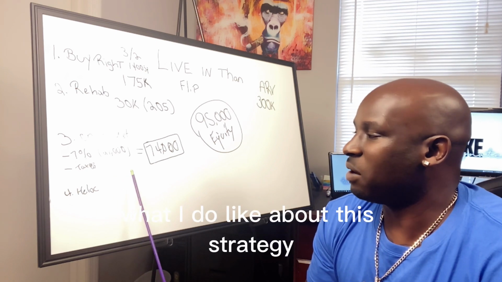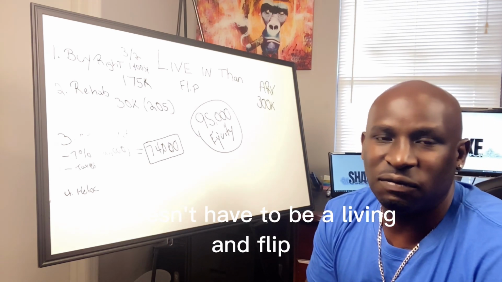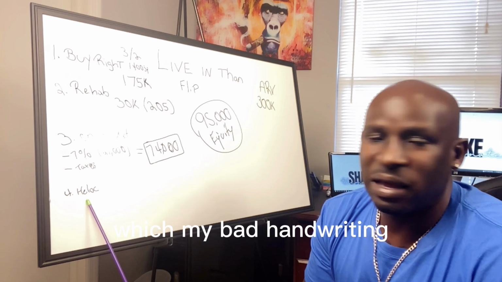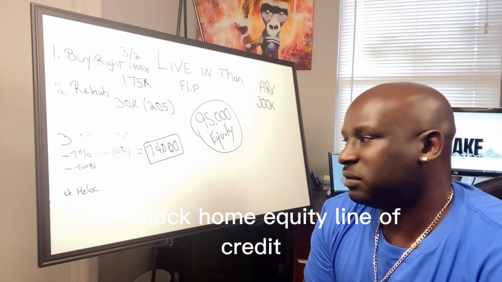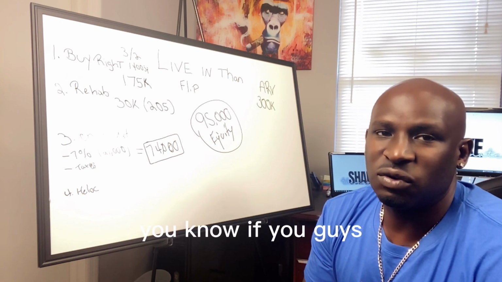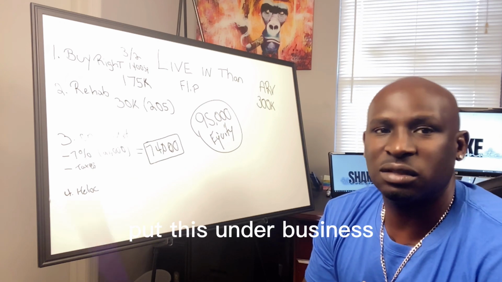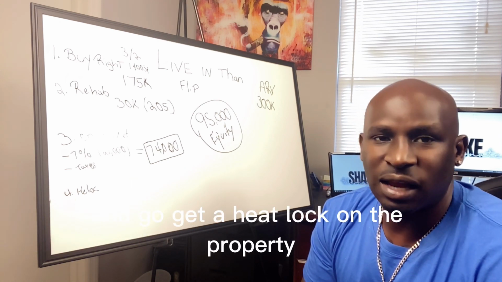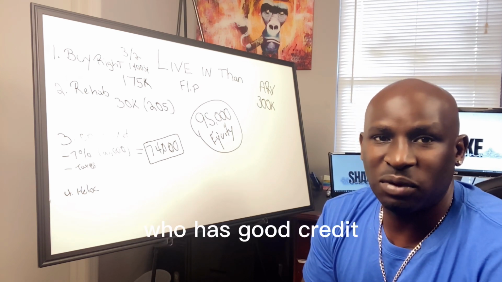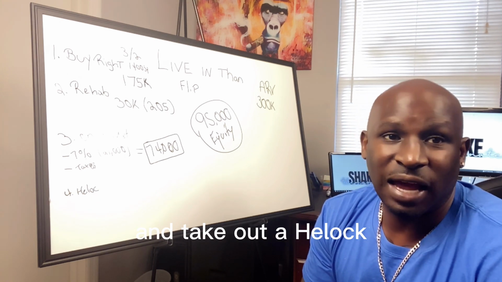What I do like about this strategy, it doesn't have to be a live-in and flip. Number 4 I got, which is my bad handwriting, is HELOC, home equity line of credit. If you guys can put this under a corporation, put this under a business, and go get a HELOC on the property, or you can put it under a good family member who has good credit, has a good job, and take out a HELOC.